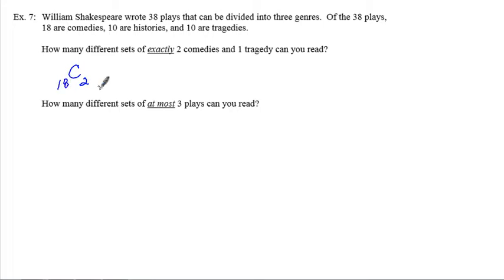And we don't care what order we read them in, we just want 2 of the 18. So 2 of the 18, and in this one event, we're reading also a tragedy. So we need to read 1 of the 10 tragedies. So again, this is event 1 happening times event 2 happening, using the fundamental counting principle. So this gets us 1,530 different sets.